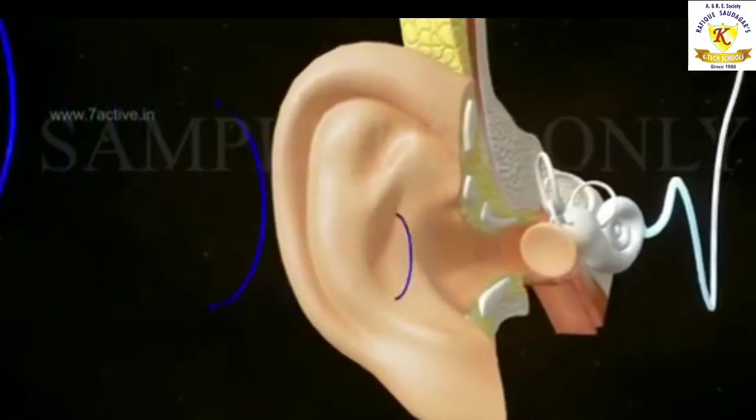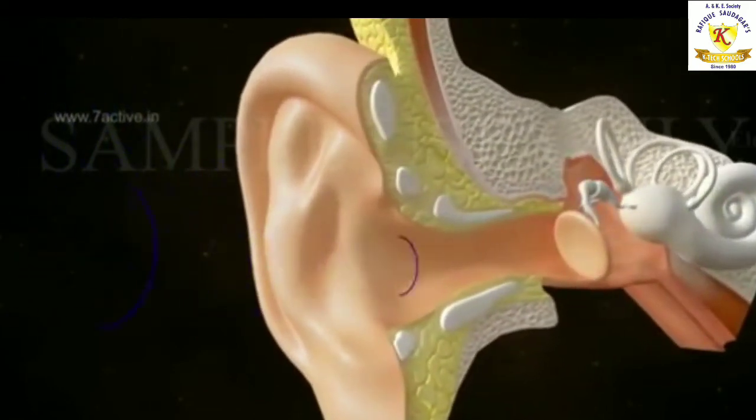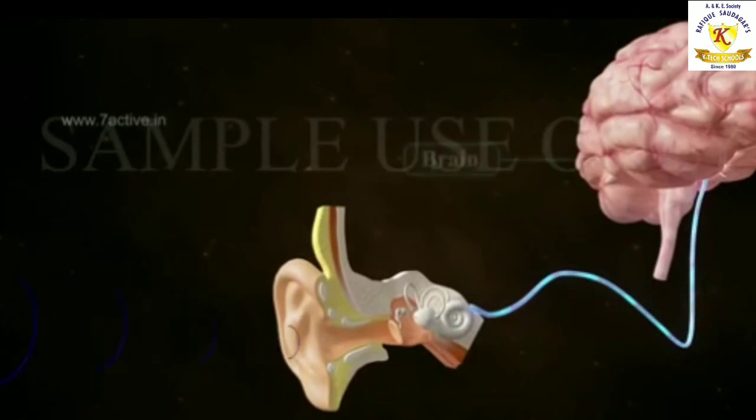Ear converts audible frequencies into electrical signals that travel to the brain. Now these signals travel to the brain through a nerve called the auditory nerve.